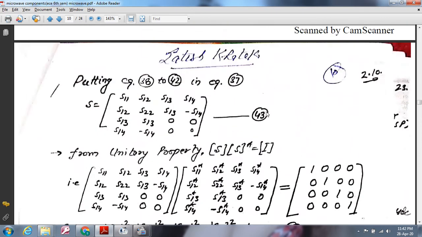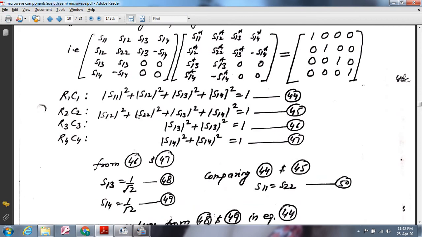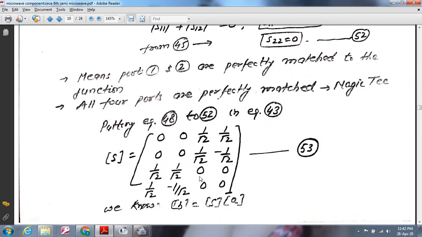After putting these values, it takes this form: S equals, S11 element is 0, S12 element is also 0, S13 element is 1 by root 2, S14 element is 1 by root 2, S21 is 0, S22 is 0, S23 is 1 by root 2, S24 is minus 1 by root 2, S31 is 1 by root 2, S32 is 1 by root 2, S33 is 0, S34 is 0, S41 is 1 by root 2, S42 is minus 1 by root 2, S43 is 0, S44 is 0.